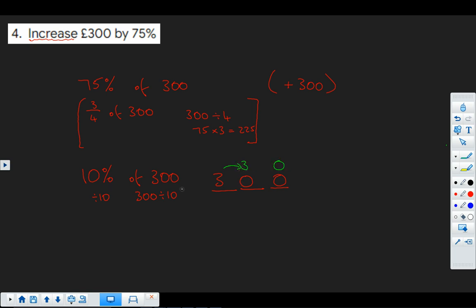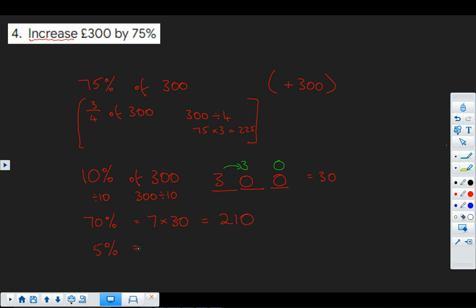So 10% of 300 is 30. So 70% is going to be 7 lots of 10%, so that's 7 lots of 30. 7 threes are 21, so that's 210.